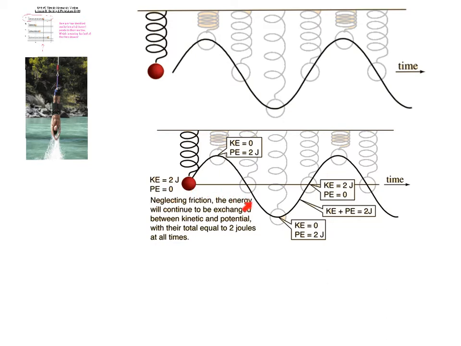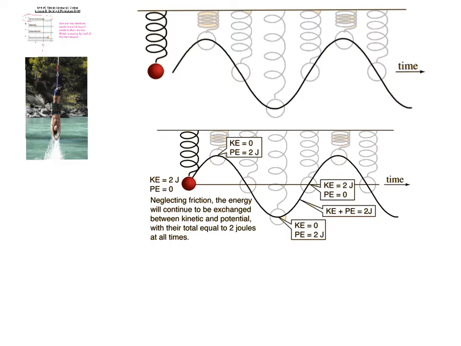As it passes through that equilibrium position, it will transfer back into potential energy, and then as it moves, we have areas where there's kinetic energy and potential energy, always equaling 2 joules due to energy conservation.